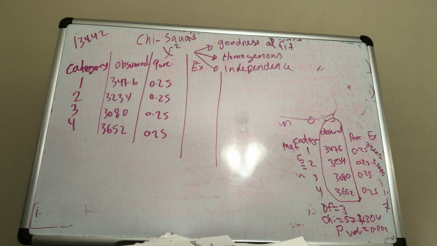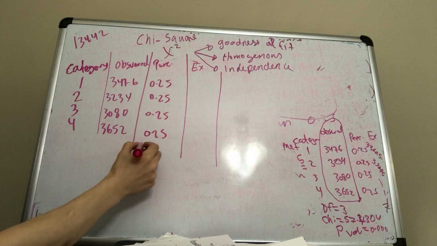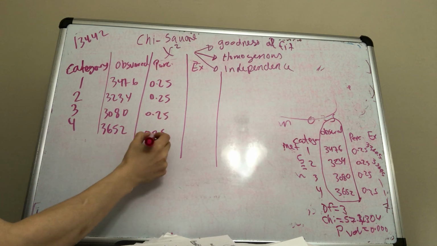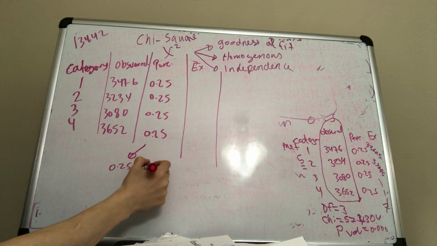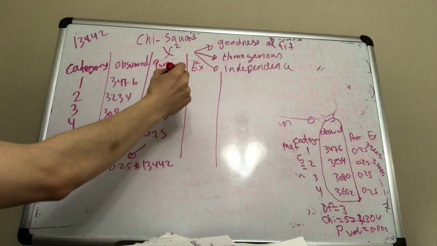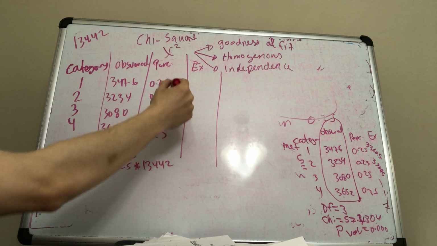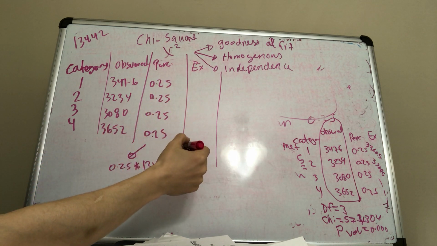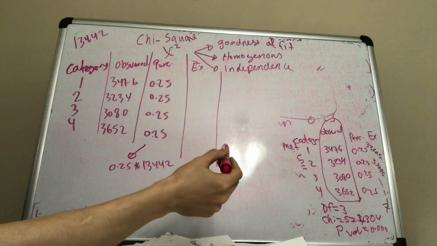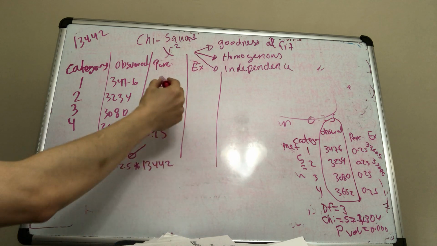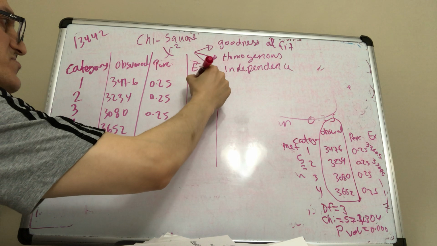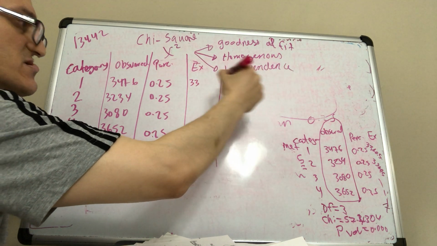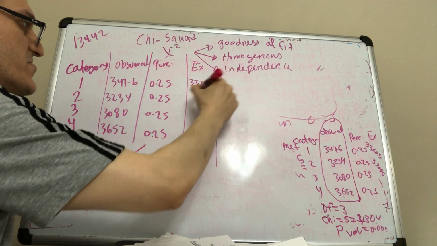So we take 25 percent times 13,442. In this case it's the same number, but it's not necessarily always the same number. It's 25 percent times this, and that's how they got the 3,360.5.